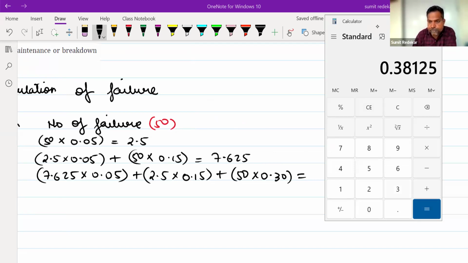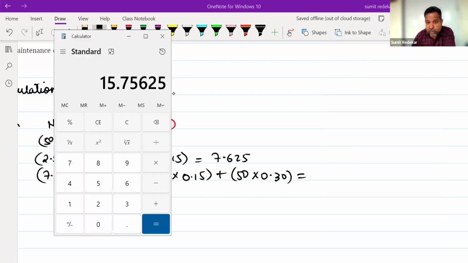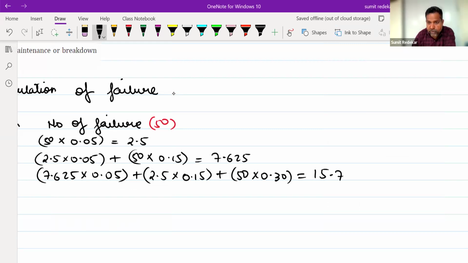Add that to memory. 2.5 into 0.15. Add that to memory. And 50 into 0.3. Add that to memory, recall. That's 15.75625. Now, you can go that far, but that's too much to calculate. So I would suggest stop at 15.756.